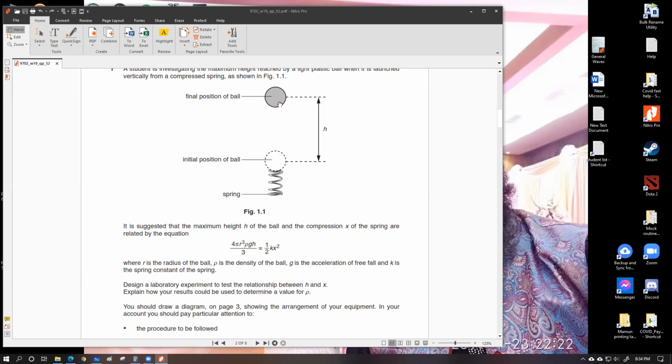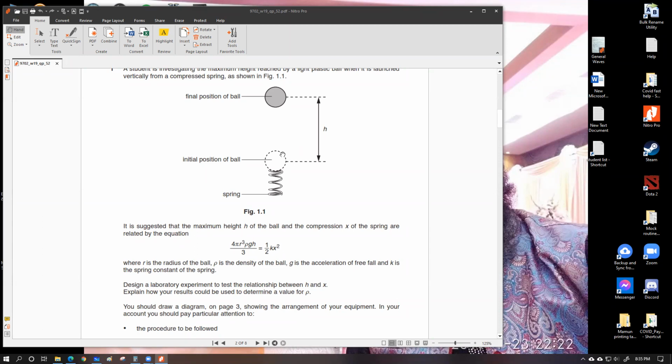Second, we need a ball that is light enough to be shot from the ground to a significant height, but that maximum height should not be more than the height of the roof, because then we would have to do the experiment outside the laboratory, which is not recommended. We also have to make sure that the height we measure is vertical height, so the spring should launch the ball vertically upwards. That's another very crucial thing.